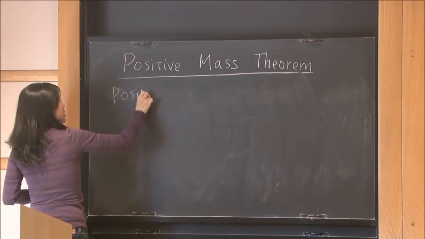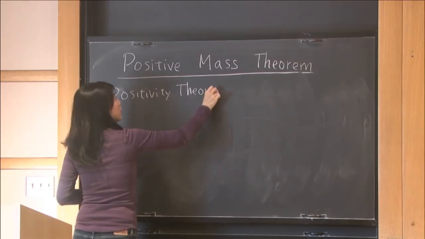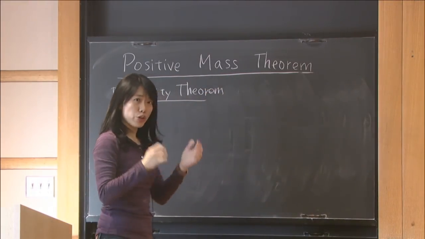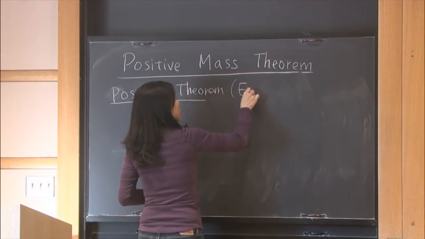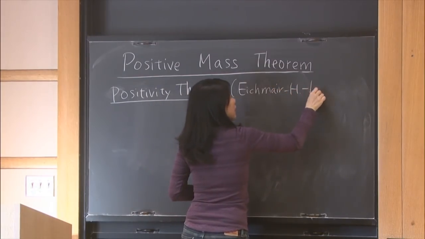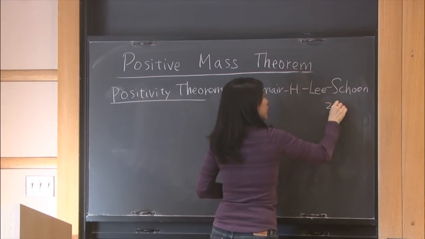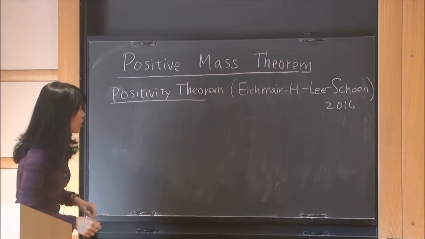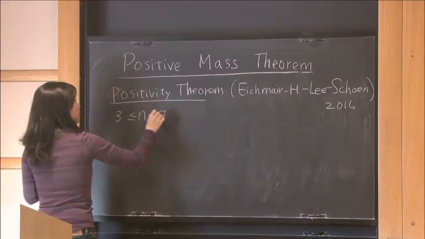So first we have the positivity theorem, which we are able to show under the assumption E is greater or equal to the norm of P. So this is a joint work with Eichmair, then Li, and Shen. So the statement is just the statement of the positive mass conjecture, but we do that for the lower dimensional case.